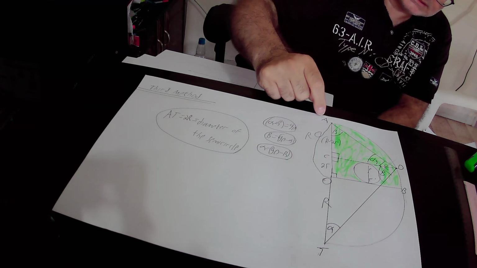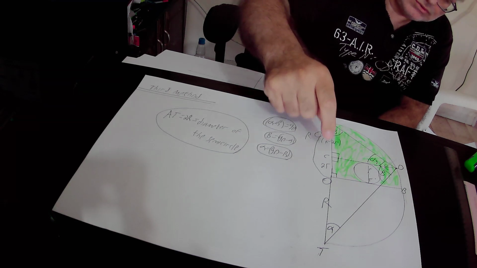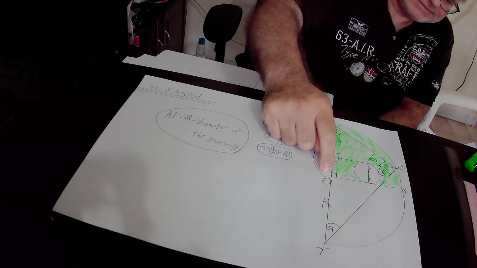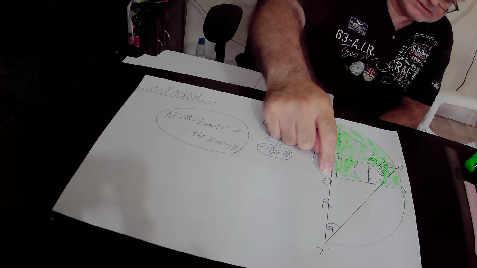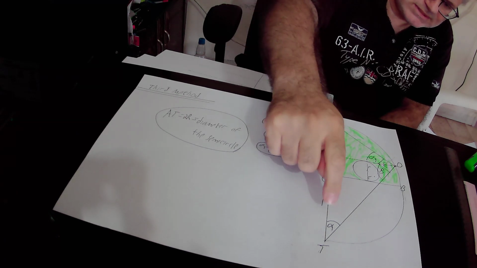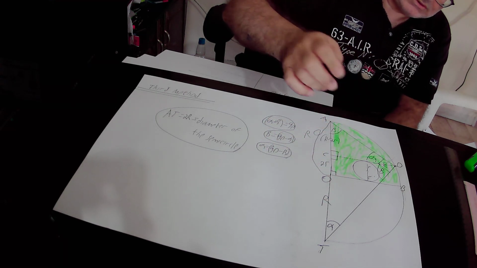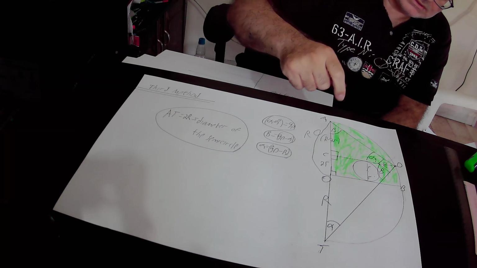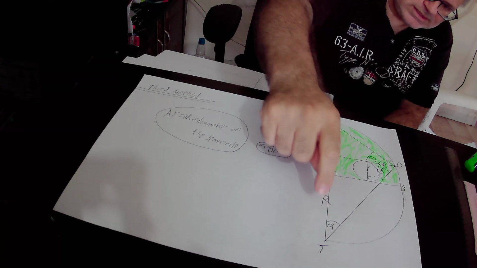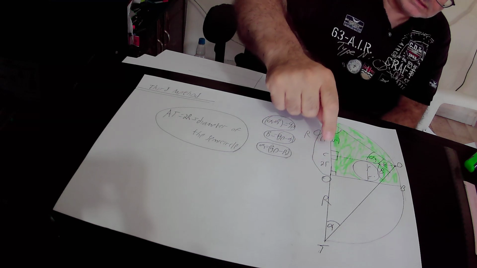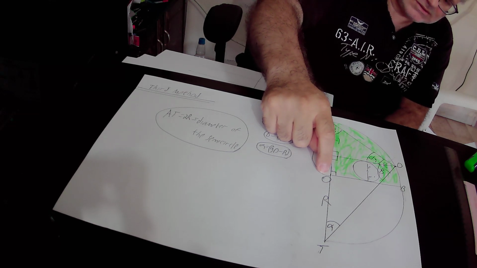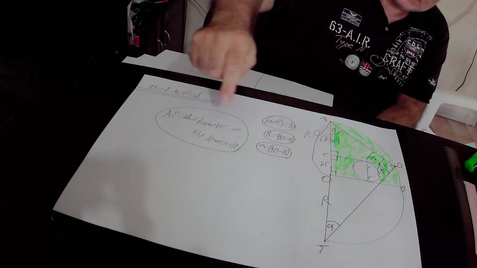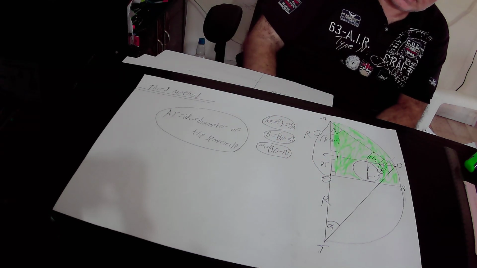We can see AT as a chord that passes through the center of the semicircle. Any chord that passes through the center of a semicircle must be the diameter of the semicircle. Chord AT equals 2 times capital R and passes through the center, therefore AT is the diameter of the semicircle.